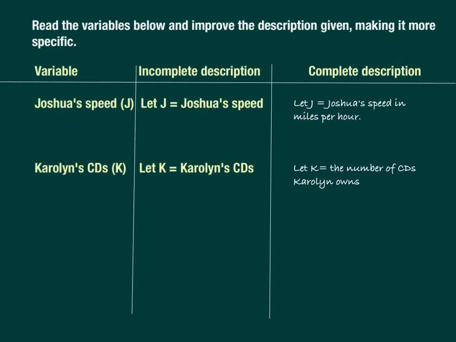Because now we know specifically that we are looking at the number of CDs Carolyn owns. We're not looking at how many CDs she looked at in a store, or how many CDs she borrowed from a friend. We know specifically what we are looking for in that situation.